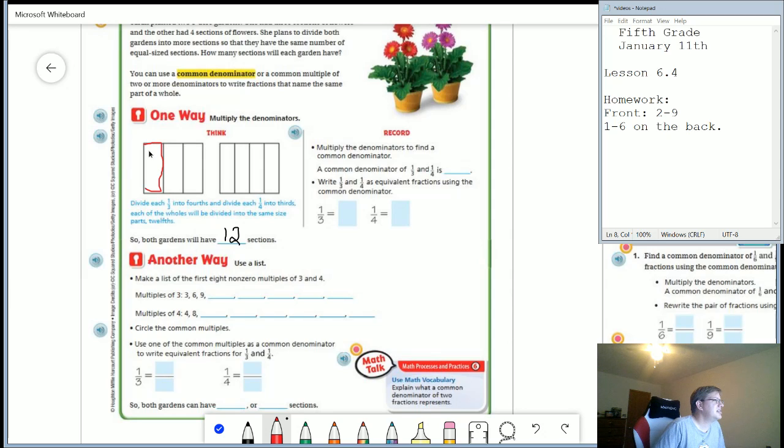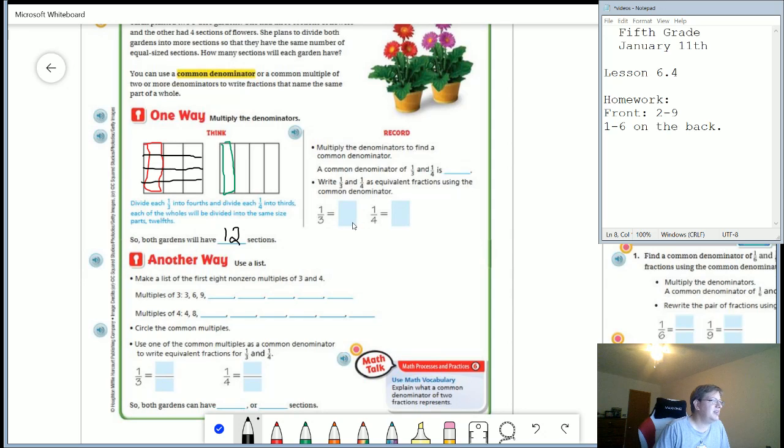So let's say I'm taking this part, and then I'm also taking the 1/4 part and dividing it into thirds. When I do that, for the fourths, I'm going to go ahead and cut across here, and cut across here, and cut across here. And so that's going to give me 12 total squares.